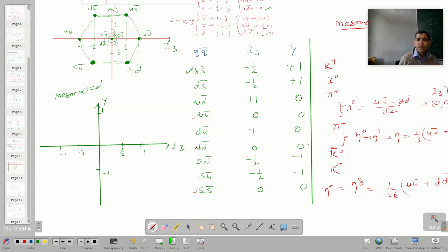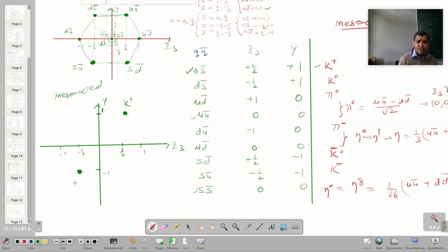Corresponding to this, it is the K positive. So K positive will be like this one. So this point will represent K positive, and K minus will be here. So it is s u bar, so it was lying here.